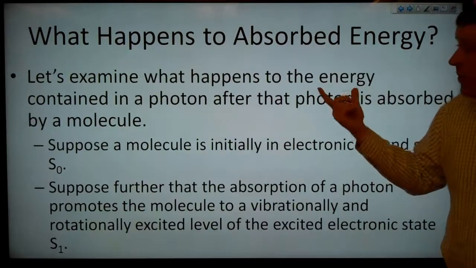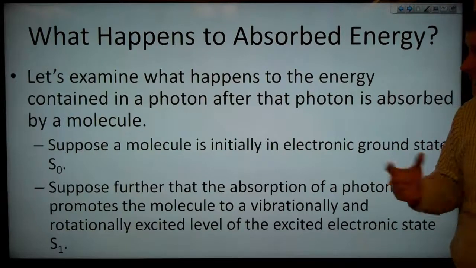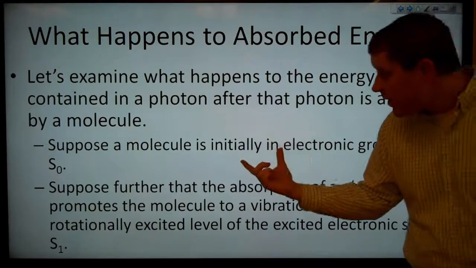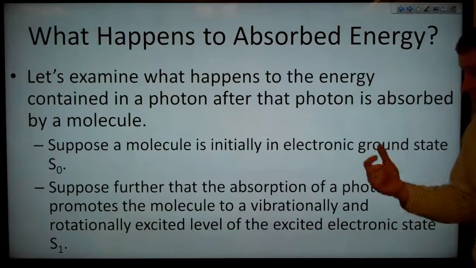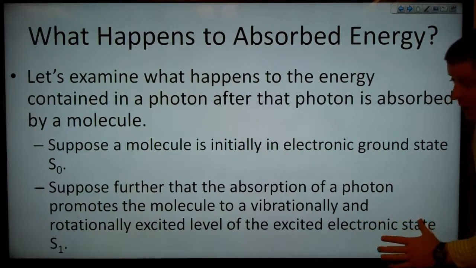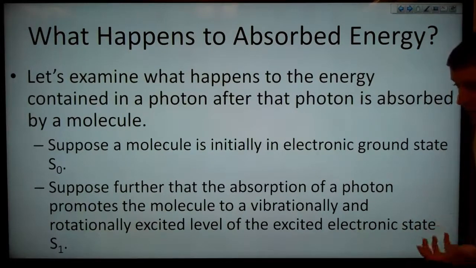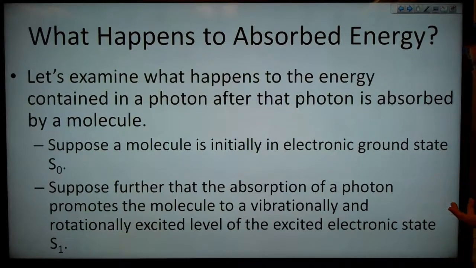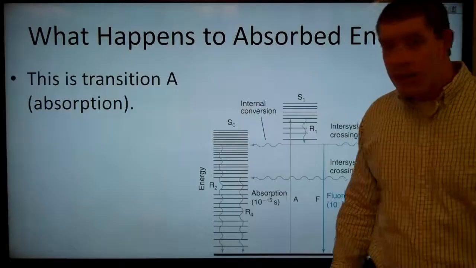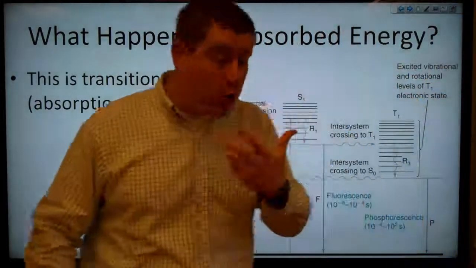So let's examine what happens to the energy contained in a photon after that photon is absorbed by a molecule. Suppose that a molecule is initially in electronic ground state S0, and suppose further that the absorption of a photon promotes that molecule to a vibrationally and rotationally excited level of the excited electronic state S1. So we're exciting the molecule electronically, vibrationally, and rotationally. This is then transition A, the absorption process.